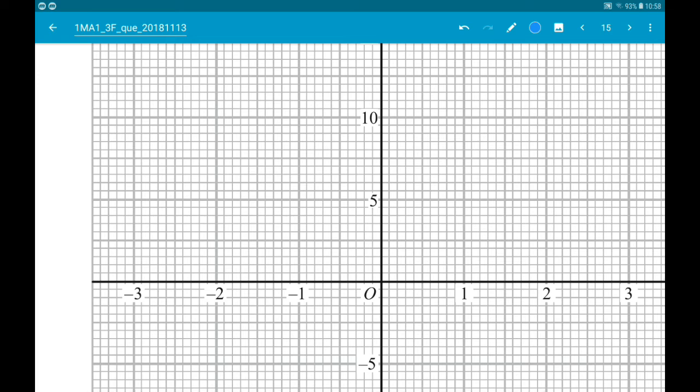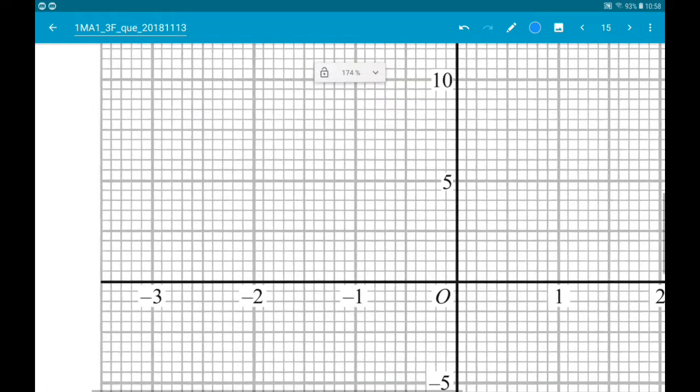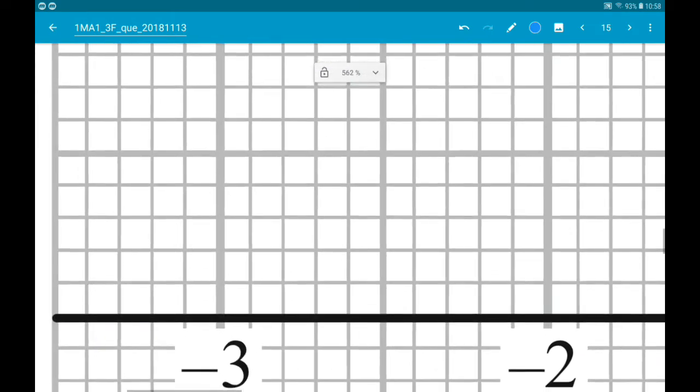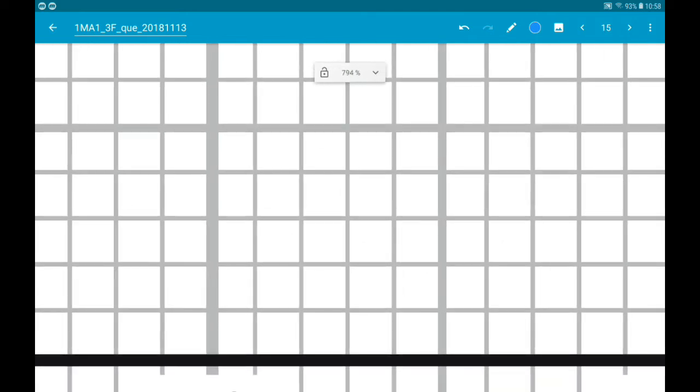Be careful with the scale going up: every big square is worth 5, so every 2 little squares is worth 1. So we want minus 3, 2, so that is going to be that point there.